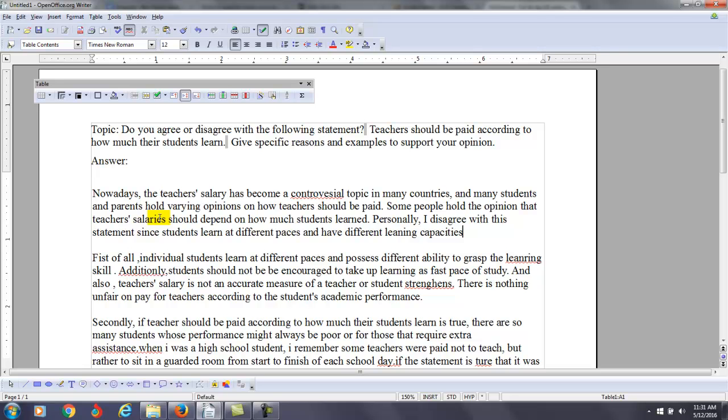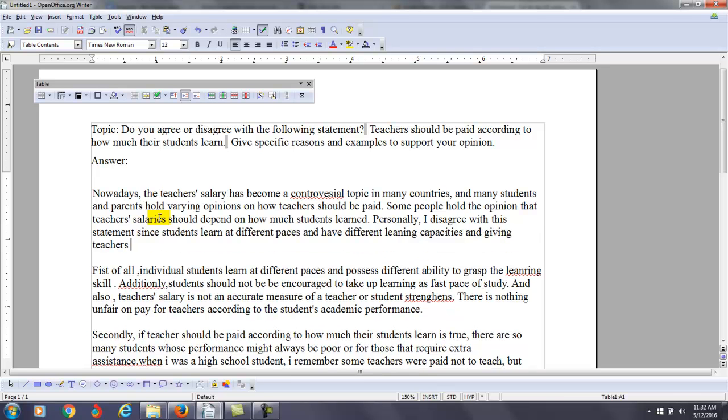Since students learn at different paces and have different learning capacities, giving teachers this added financial incentive could negatively affect students' performances.